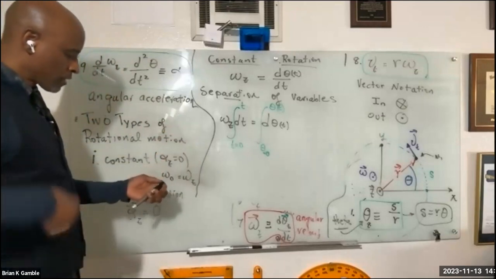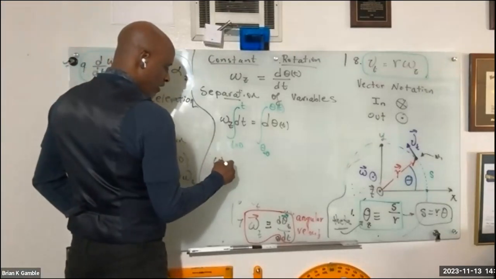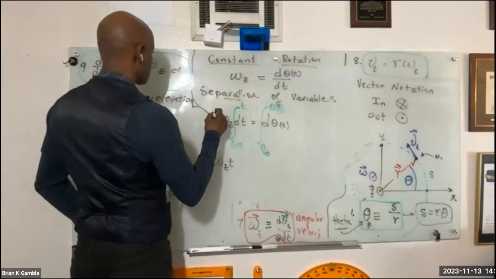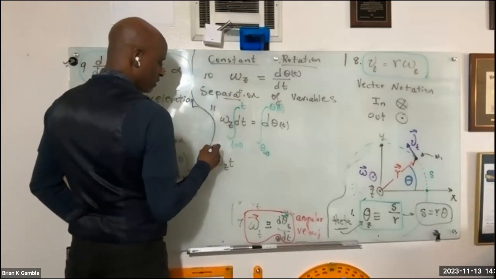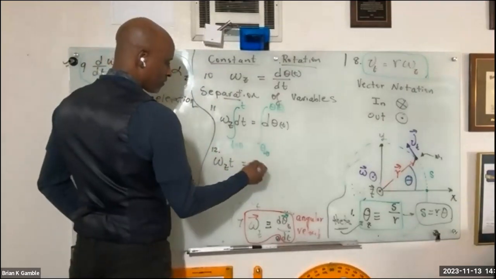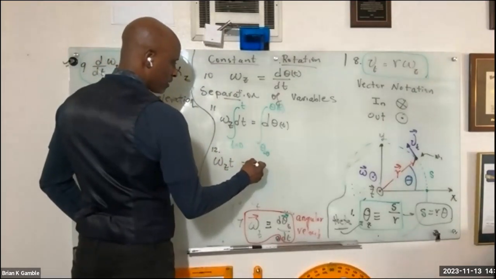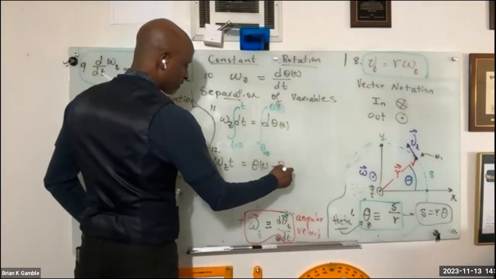And so this just integrates to delta t. So omega z times t, let's keep these equations going, 10, 11, 12. And then over here, I just have delta theta, theta of t minus theta naught.